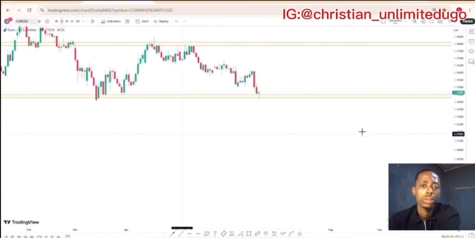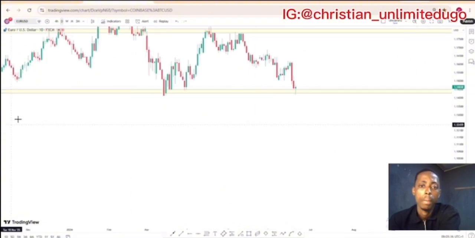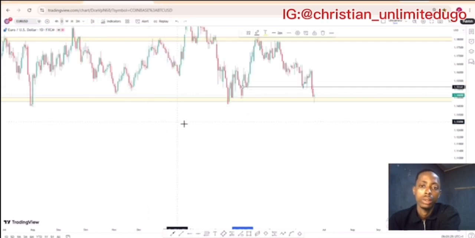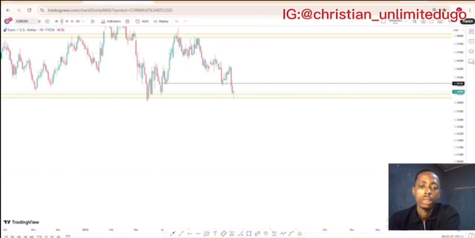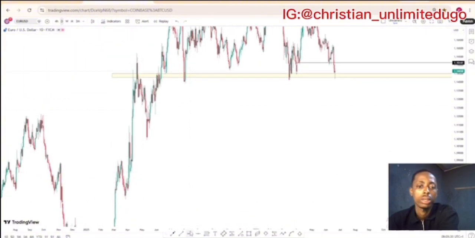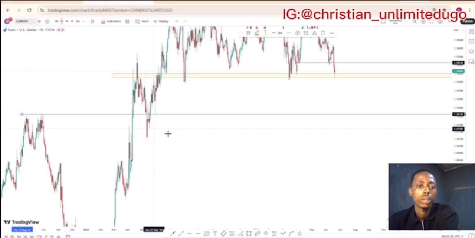My bias on this Euro USD is that either the market, you can look, there's a mini level around this level. Okay, let me mark out this low here. I guess I'm taking here.